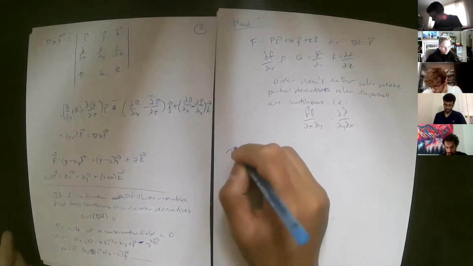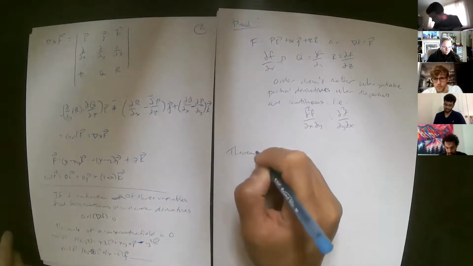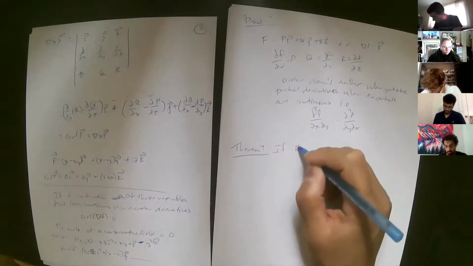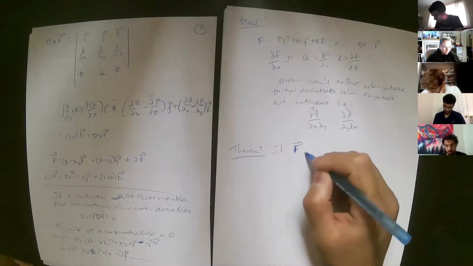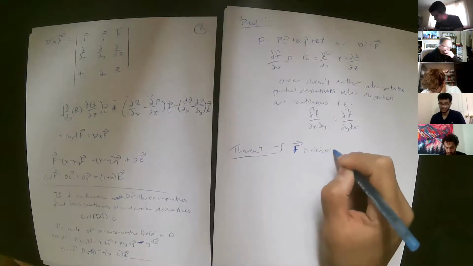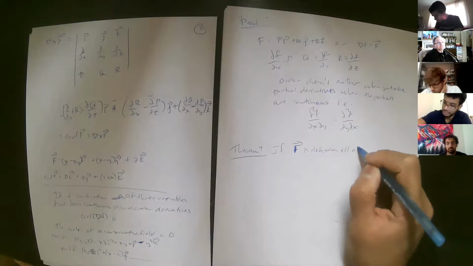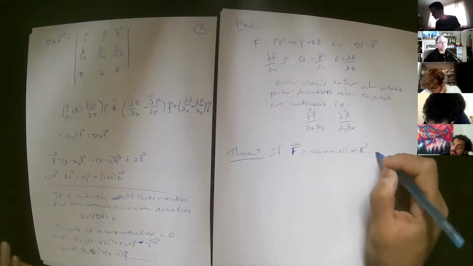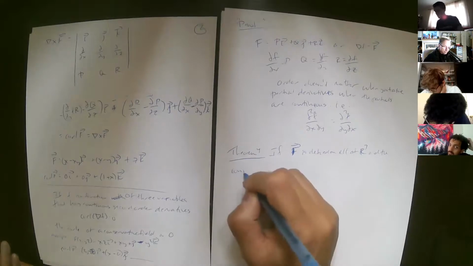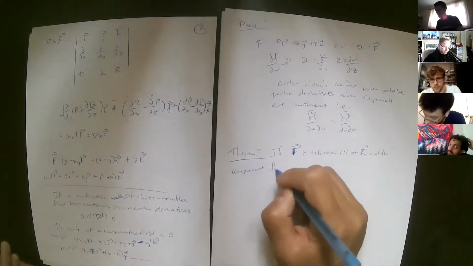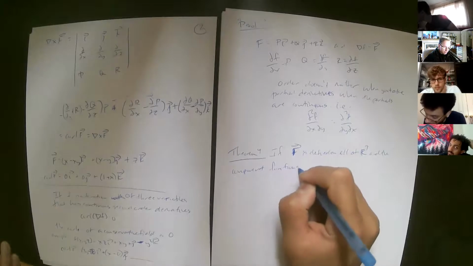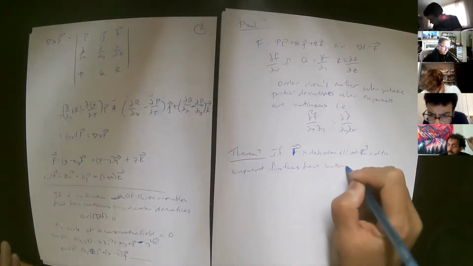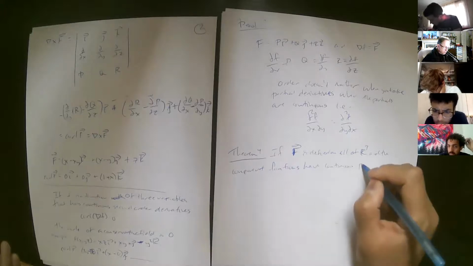So there's another theorem here, which is the converse of this one. It says if f is defined on all of R3 and the component functions have continuous partial derivatives.